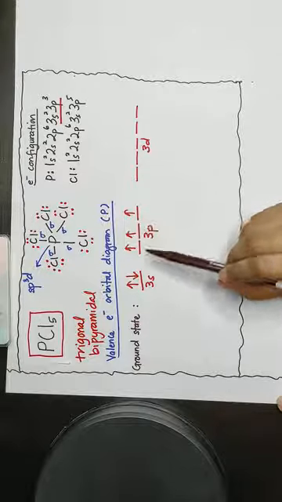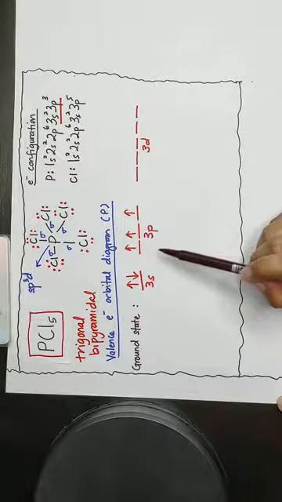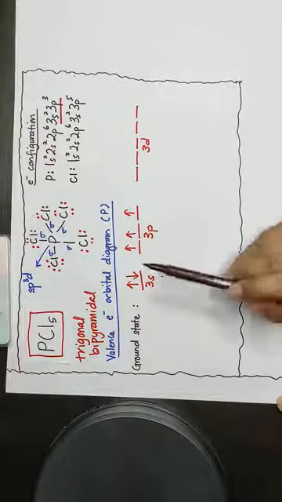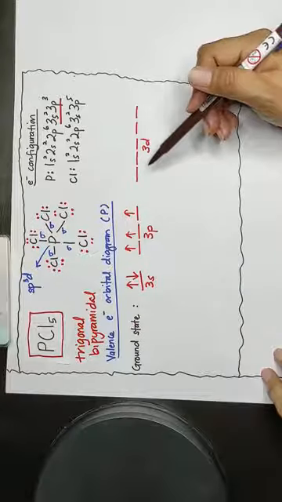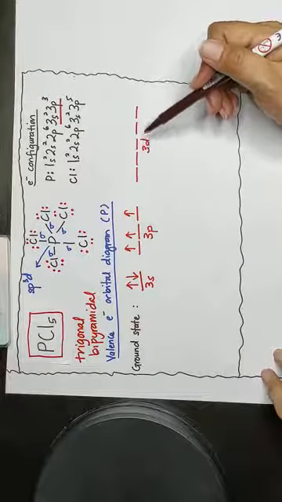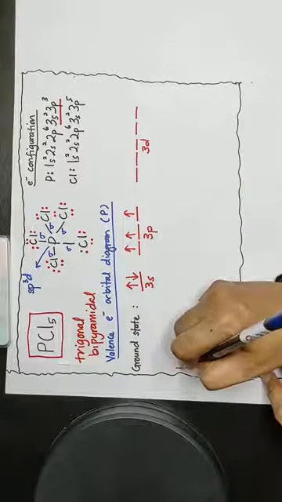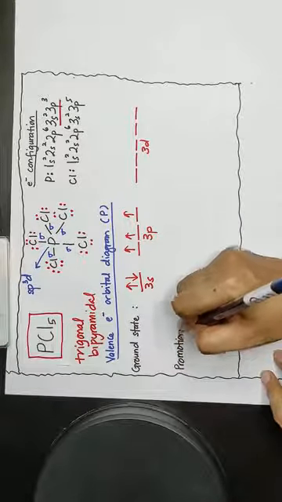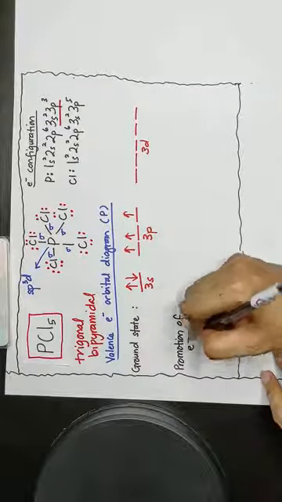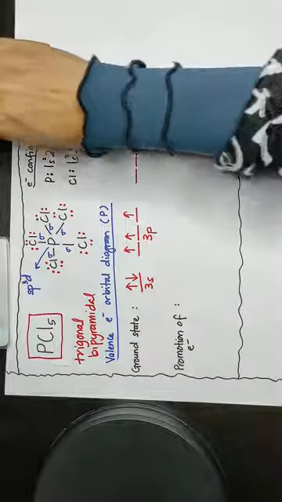So in order to get 5 unpaired electrons, 1 electron from the 3s orbital of phosphorus needs to be promoted to a 3d orbital. So we have another step, which is called promotion of electron.